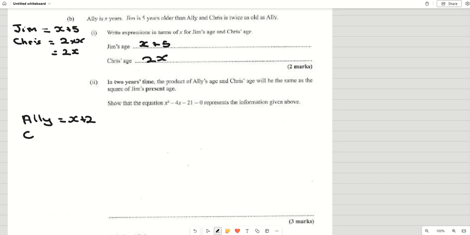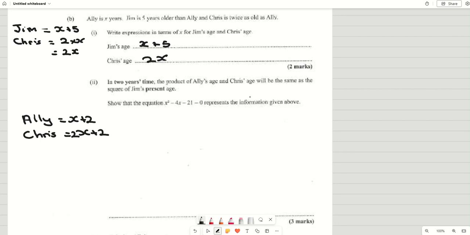And Chris would be 2X plus 2. So this is 2 years' time.